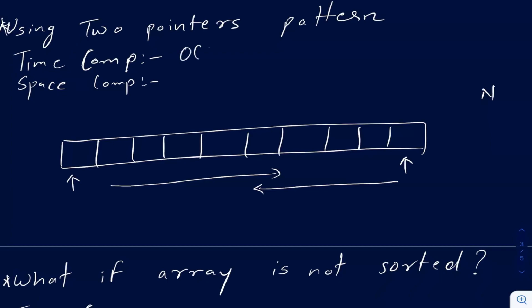It would be O of n. Also, even in this approach we are not using any extra space. Our extra space is not growing with the size of the input. We are using constant space, so our space complexity would be O of 1. Okay, so that's about the two pointers pattern.